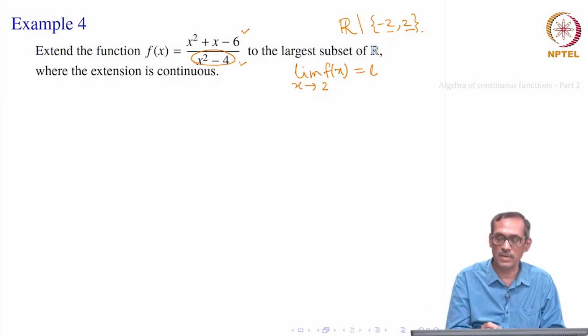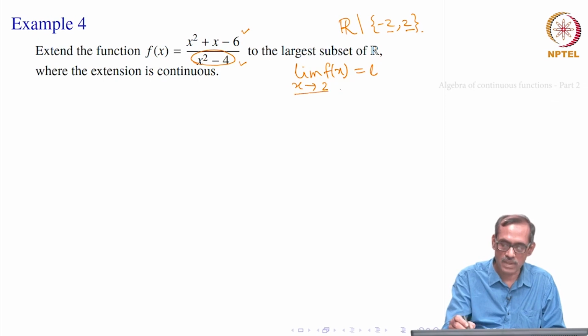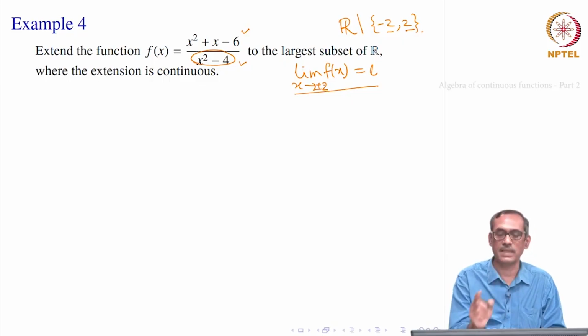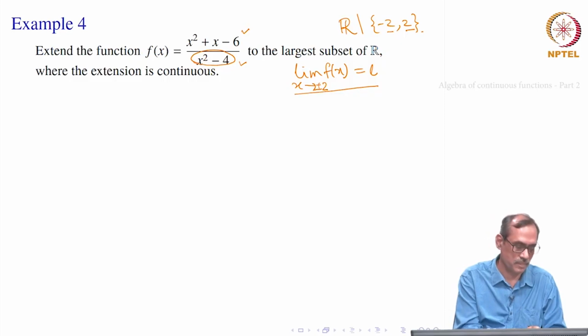Similar thing might be required for minus 2 also. So, you must first determine whether these limits at 2 and also at minus 2 exist and what that limit is. This is what we require now for the extension.